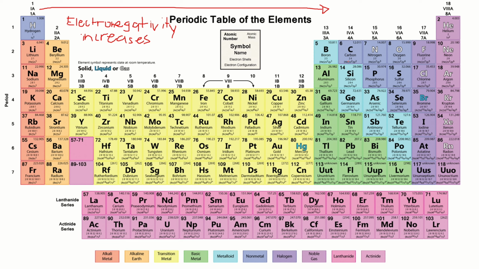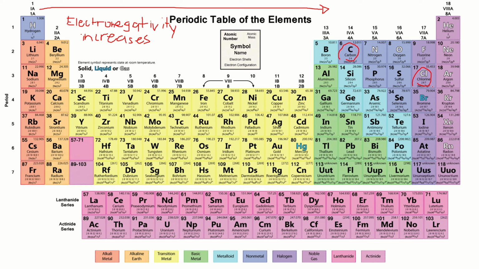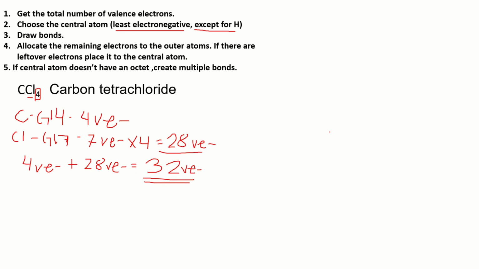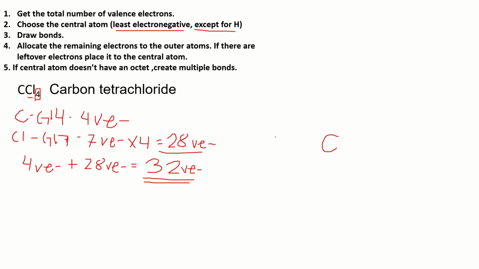So our options are carbon and chlorine. Therefore, we will choose carbon. Our central atom is carbon, and we're going to write 4 chlorine atoms here.